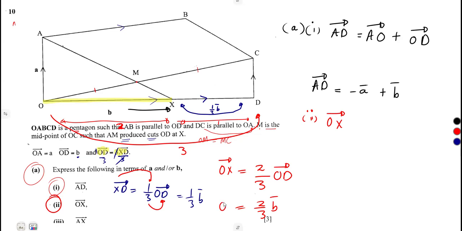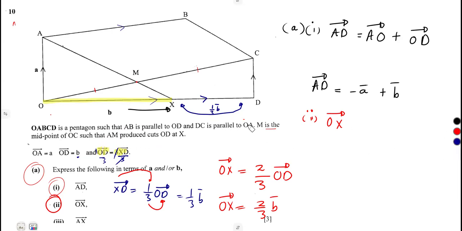Or you can work with a certain route from what we have. If we were to find OD, it was going to be OX plus XD. So we have XD, this one. That's another way that you can find our OX. You're going to simply take OD.